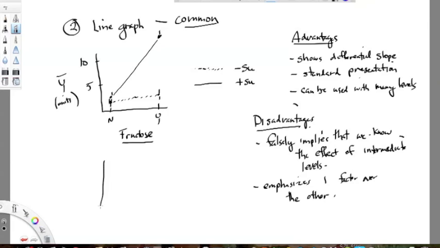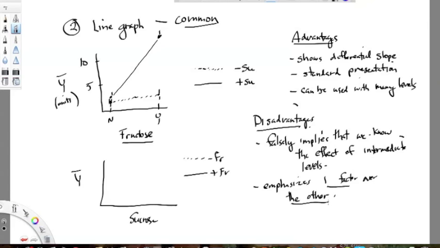Now you could redraw this graph, right? You could put sucrose on the bottom, and then you could have a dashed line for minus fructose and a solid line for plus fructose. And so you could redraw it with the means in different positions, obviously, and make your point and state it the other way. But either way you draw it, it emphasizes one factor over the other.